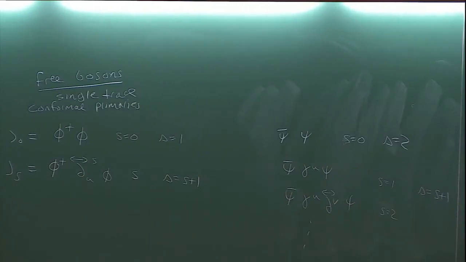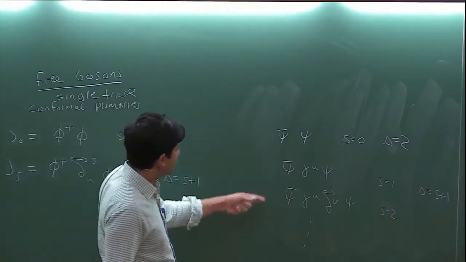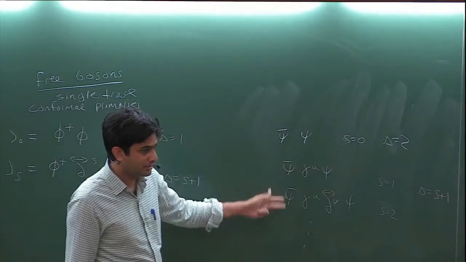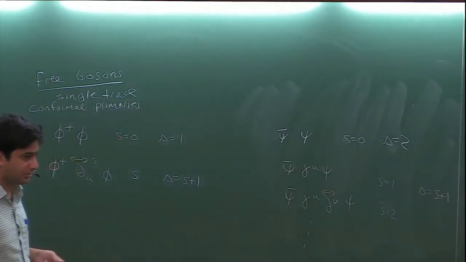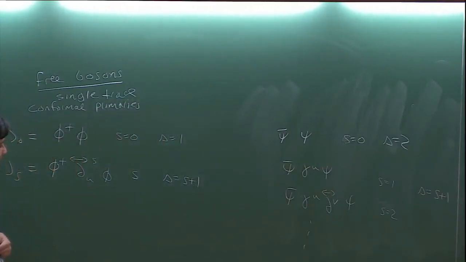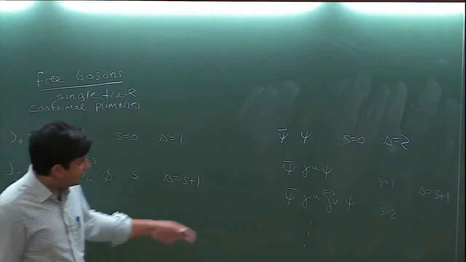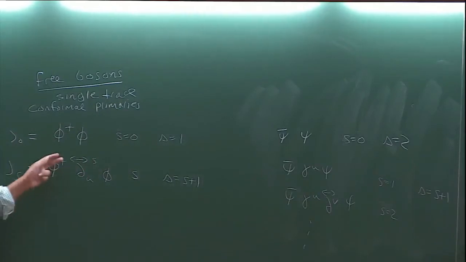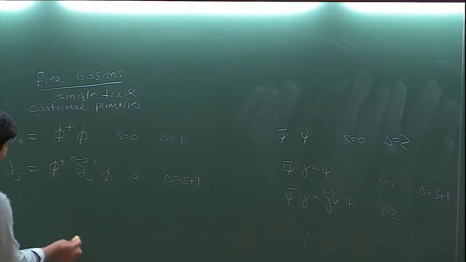Now if you look at the first two currents, for example, J1 is a conserved U(1) current, and J2 is the stress tensor, which is also conserved. In the free theory, you can check, in fact, that all the currents of spin S greater than or equal to 1 are conserved.